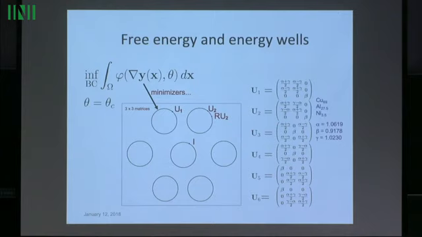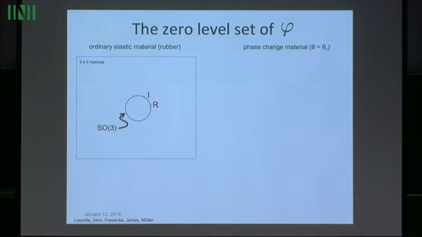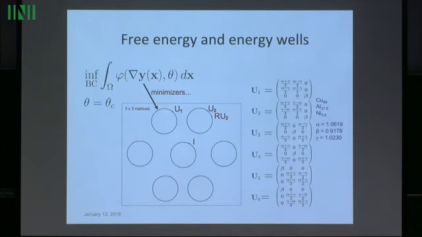That's a way to construct an energy minimizer. Energy minimization by hand. So this 0 level set, these energy minimizers are very important, of course, and the structure of these matrices is very important for phase transformations.